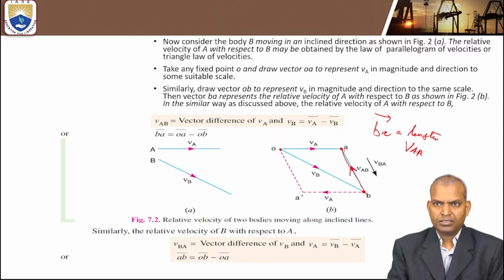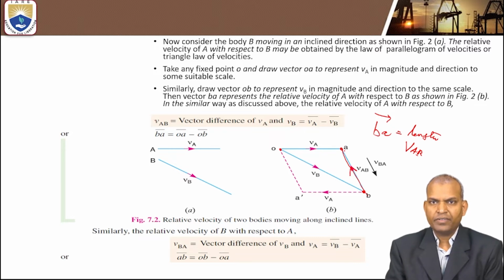So we have drawn it, but we have to find the velocity equation, that is velocity of A with respect to B equals VA minus VB. How to draw the vector?